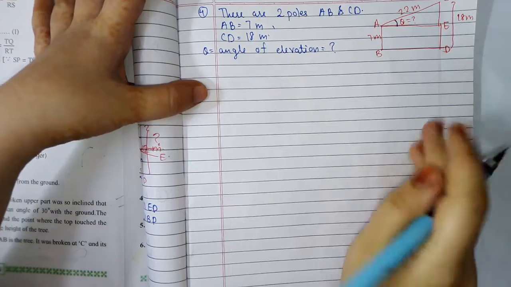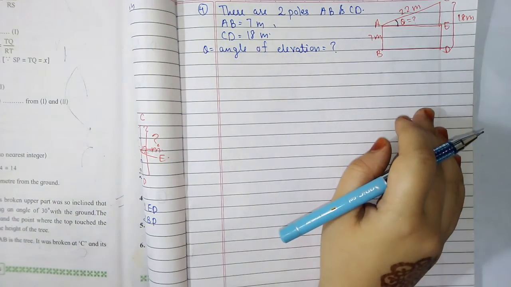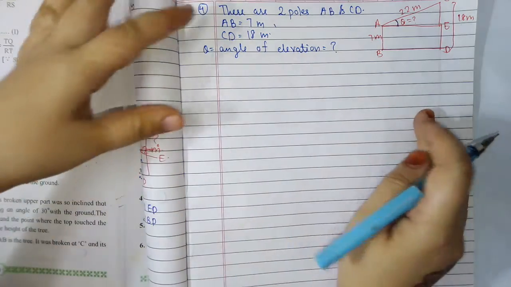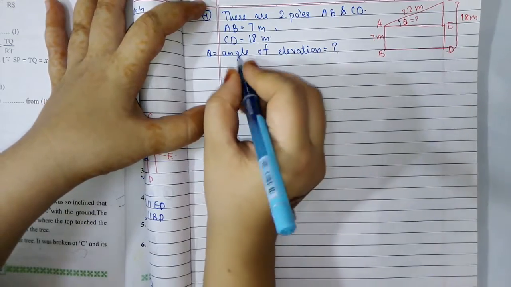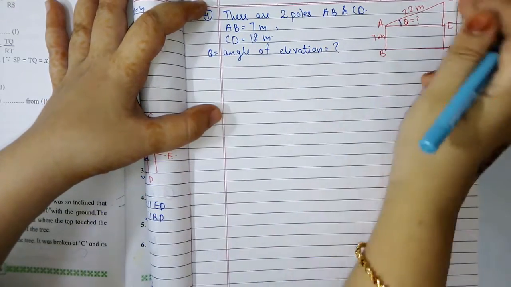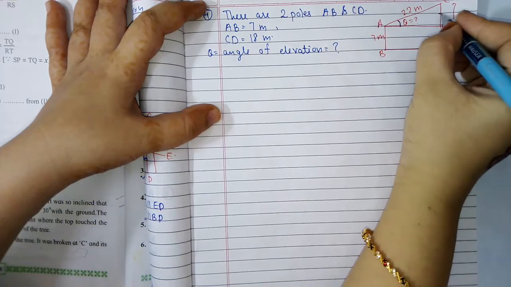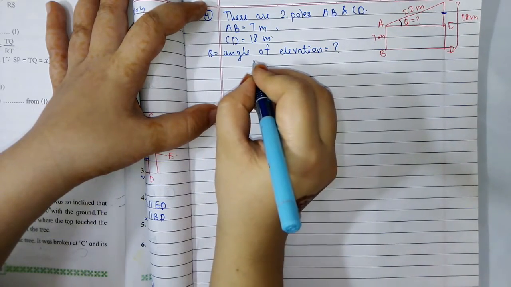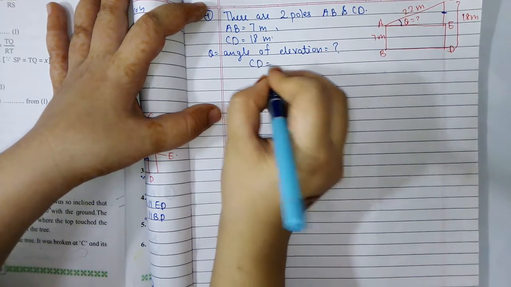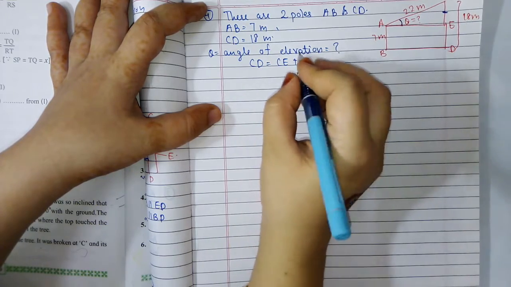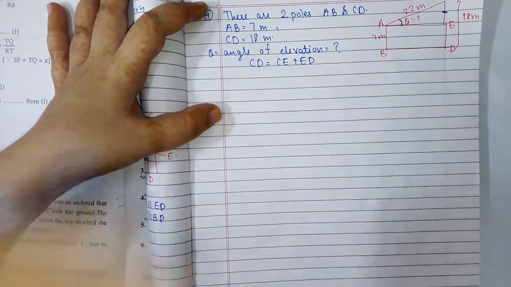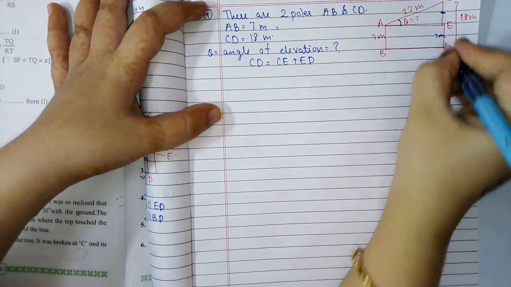That means their heights will be equal. So we write CD is 18, and CE we want now. CD is equal to CE plus ED, and ED becomes 7 meter.